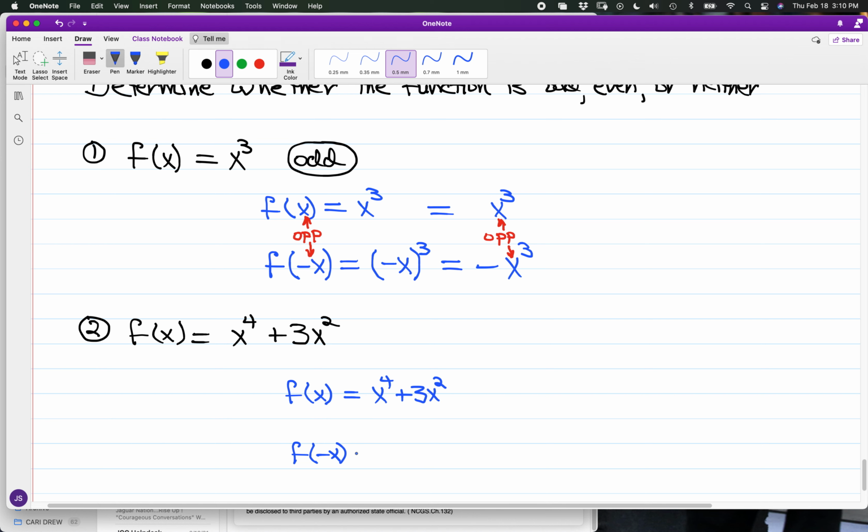So if I had the input at negative x, I have negative x to the fourth, and I have 3 times negative x squared.